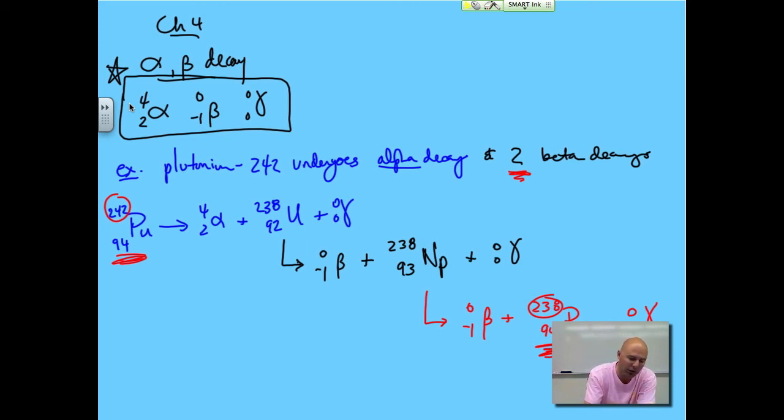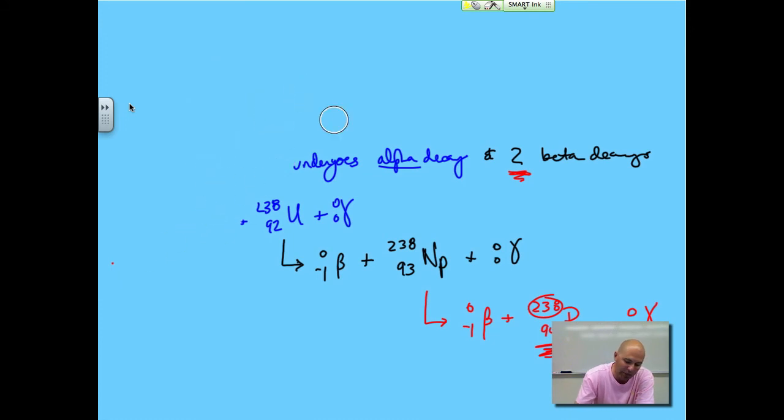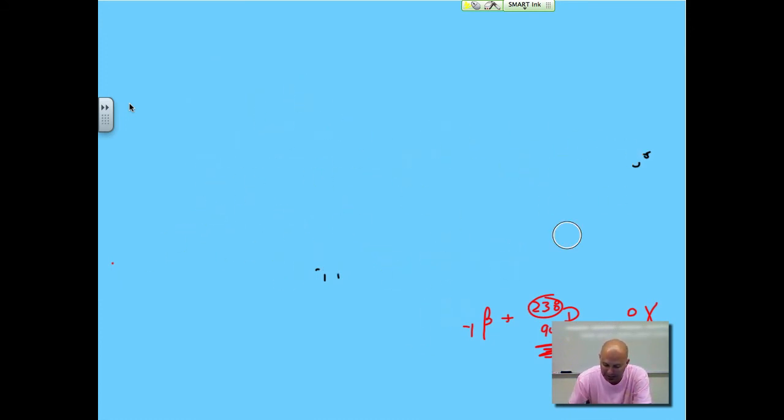The last thing I want to review real quickly is the average atomic mass from the various isotopes. Again, it could be anything. How about zinc, which is 30: zinc 64, zinc 65, and zinc 67.